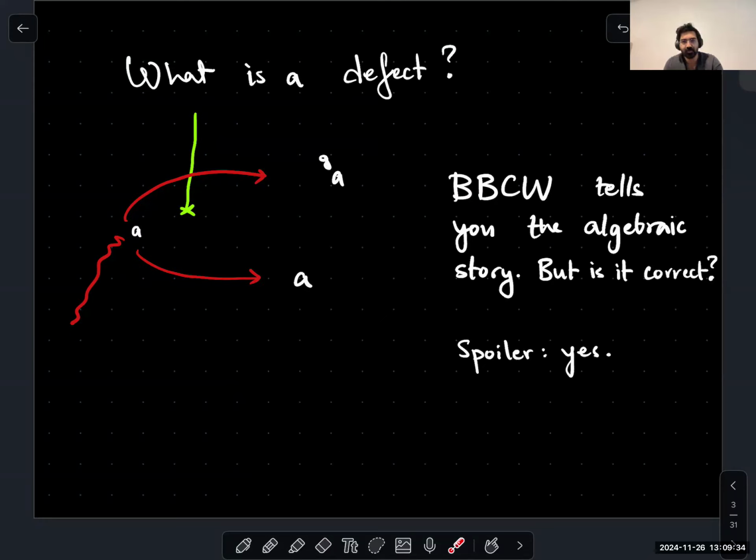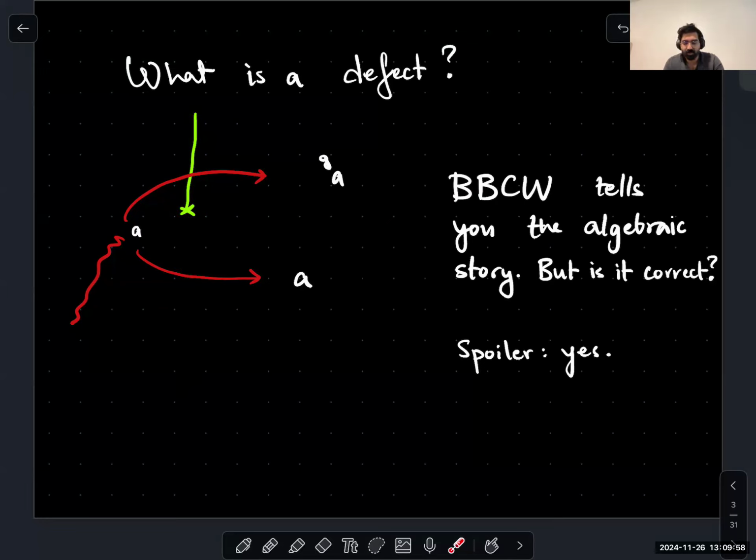But this time around, I'm going to say a defect is a very specific thing. It's a localized object where there is a domain wall on one side of this localized object, and then nothing or vacuum on the other side, or the ground state on the other side.